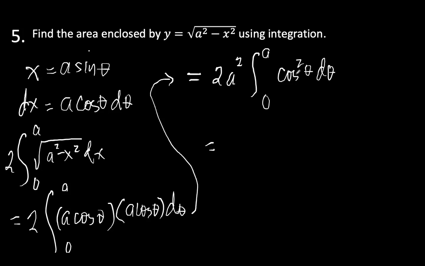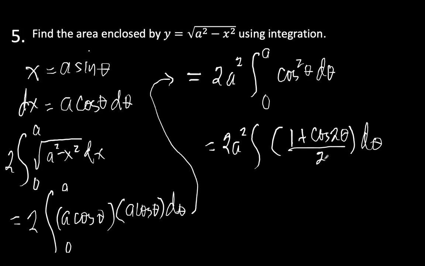So we will be using trigonometric integrals to find the antiderivative of this expression. We need to convert this to an identity of cosine squared theta, which is 1 plus cosine 2 theta all over 2, d theta.